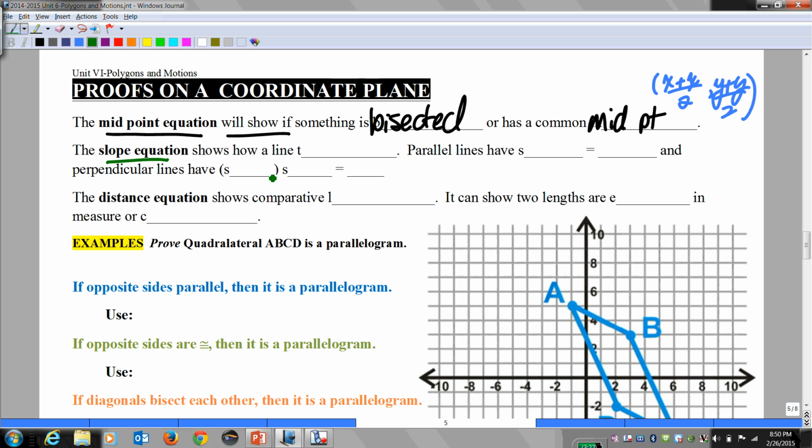The slope equation is going to show how a line tilts. Parallel lines, just as a recap, slope equals slope. And perpendicular lines, slope times slope equals -1.